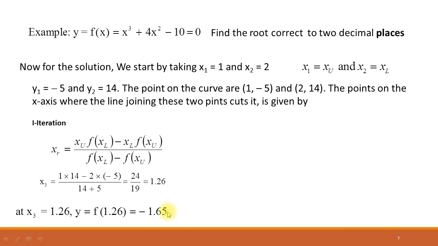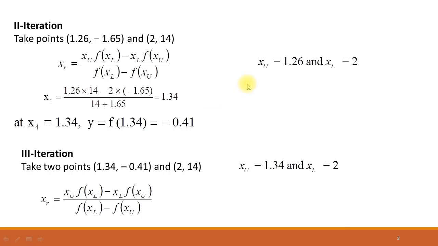So it is clear that the function has opposite sign at x3 and at xl. So replace xu by x3, whose value is 1.26, and xl will be as it is for the next fourth root. The fourth root is xu f of xl minus xl f of xu divided by f of xl minus f of xu.